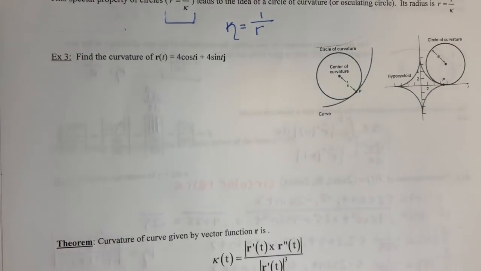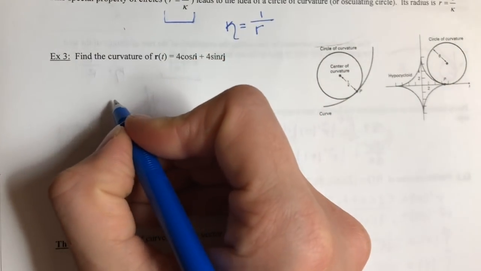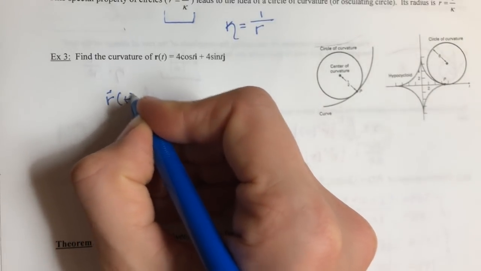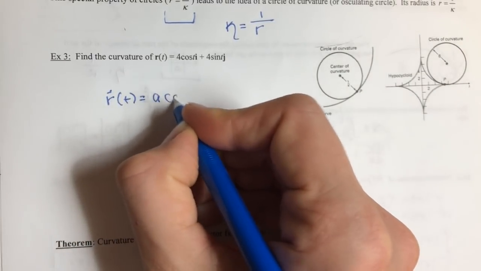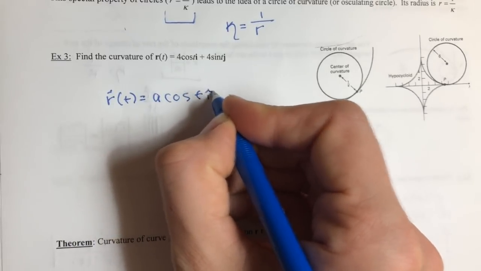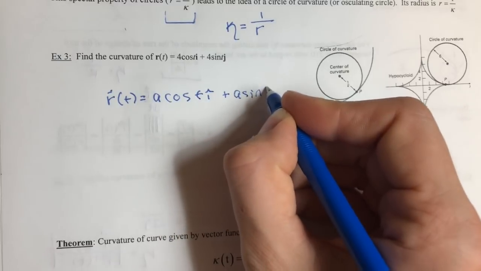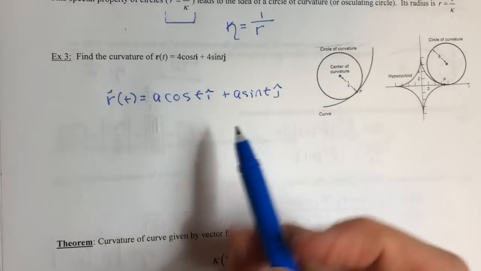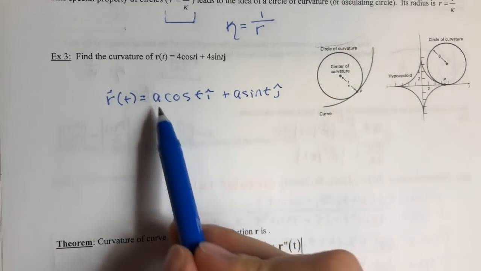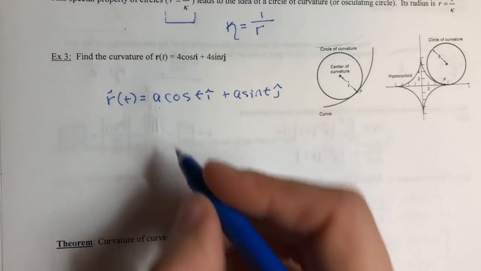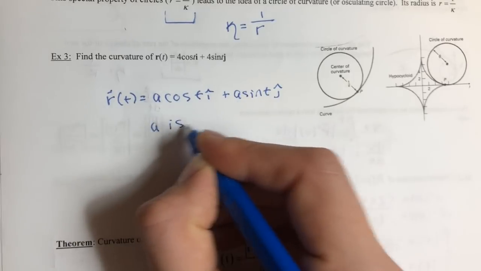And if you need a reminder, a circle would be the equation r of t equals A cosine t i plus A sine t j. Okay, and the A's have to be the exact same in order for it to be a circle. That makes sense? So A is the radius.